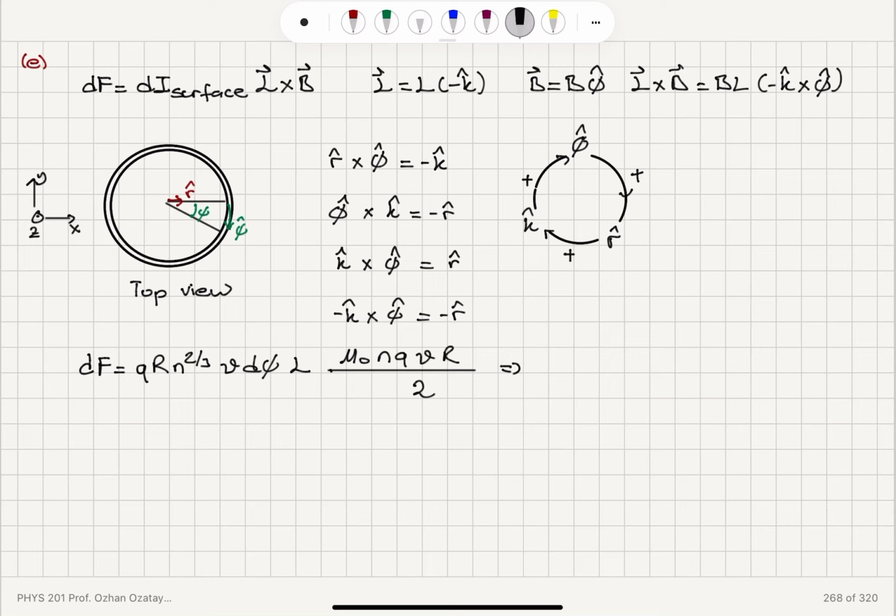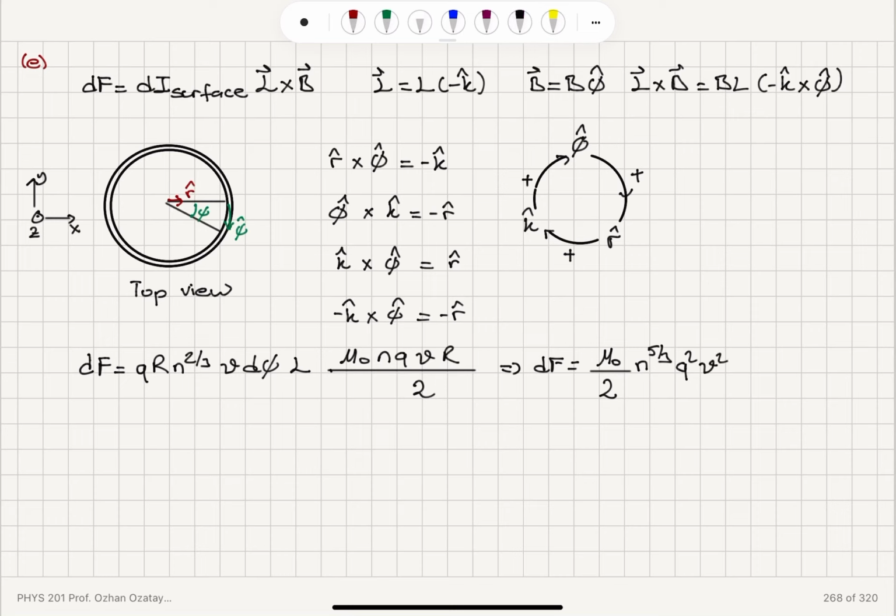This gives me dF to be mu 0 over 2, n to the power 2/3 and n to 5/3, then q and q, so it's going to be q squared. Then I have two v's, so it's going to be v squared.